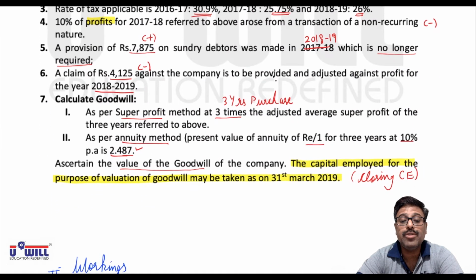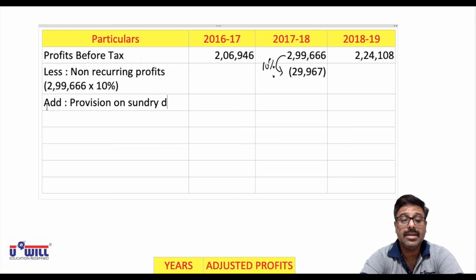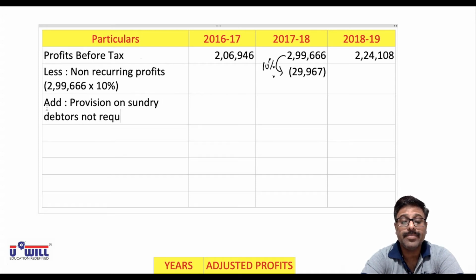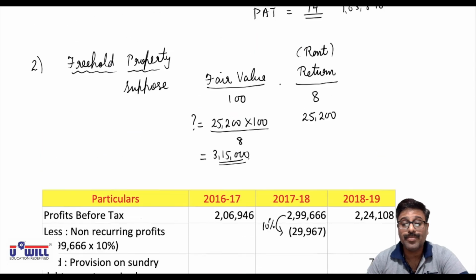5, provision of 7875 on sundry debtors was made in, as I told you, 18 to 19, which is no longer required. So that we have to plus in 18 to 19. So write add provision on sundry debtors not required. So 18 to 19 we have to add 7875. And because it affects the last year, therefore we have added in debtors also.